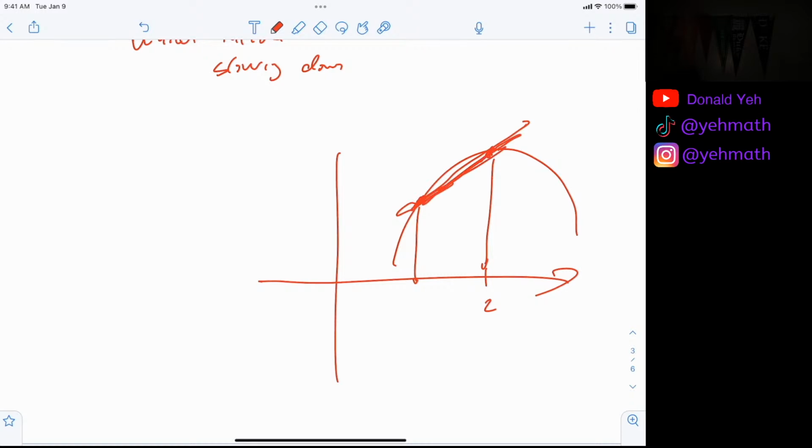What I'm saying is a tangent line here. We got the slope here. A tangent at 1.5, not a secant. Wouldn't that be the average between 2 and 1? Wouldn't that be a tangent line at 1.5?